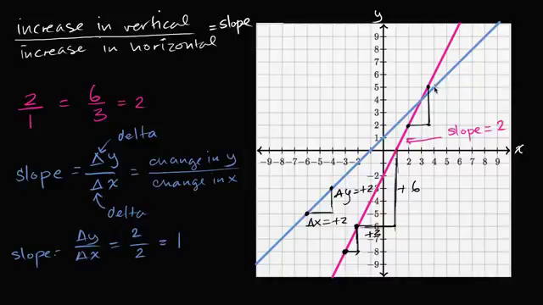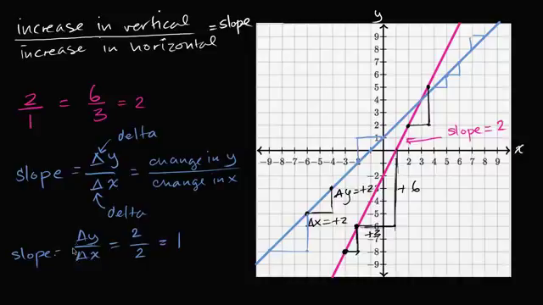And you see that. You increase 1 in x, you increase 1 in y. From any point on the line, that's going to be true. You increase 3 in x, you increase 3 in y. It's actually true the other way. If you decrease 1 in x, you decrease 1 in y. If you decrease 2 in x, you decrease 2 in y.